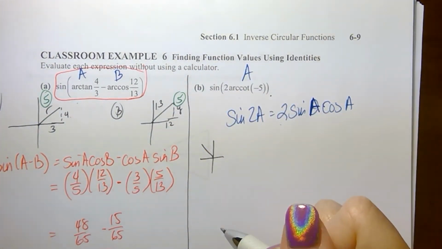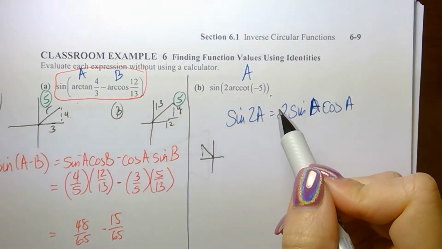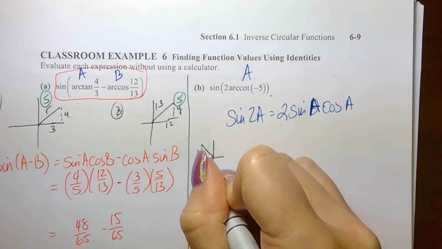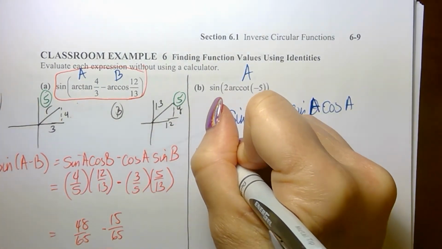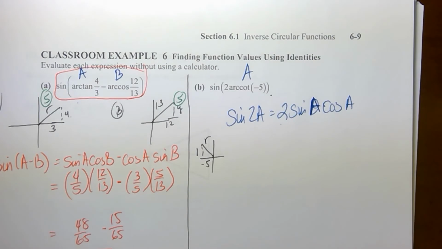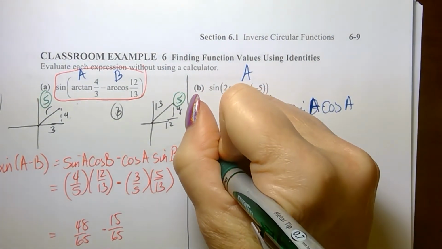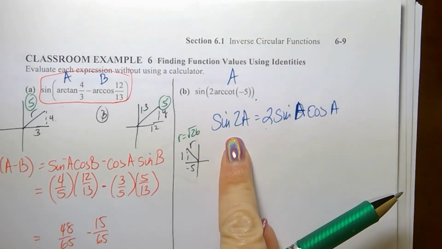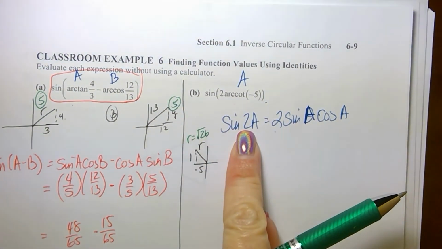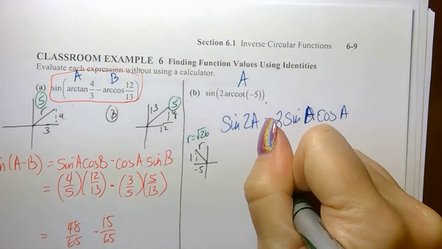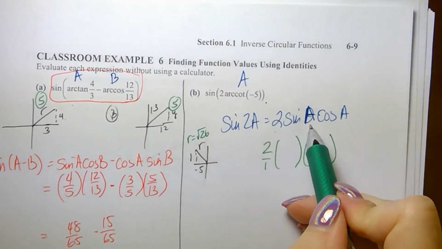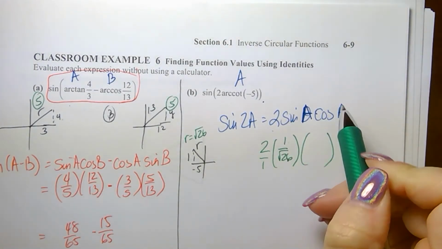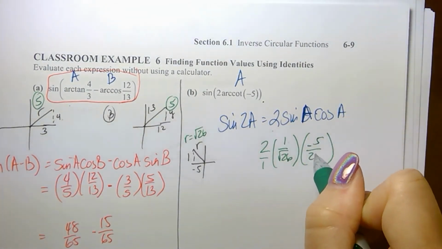Arc cotangent is negative. It's negative in quadrant 2, so I'm over here. Cotangent is x over y, so I've got a -5 and 1, and I need to find r. When I work that out with the Pythagorean theorem, I find out that r is square root 26. So sine of 2A is 2 times the sine of A, which is 1 over square root 26, times the cosine of A, which is -5 over square root 26.